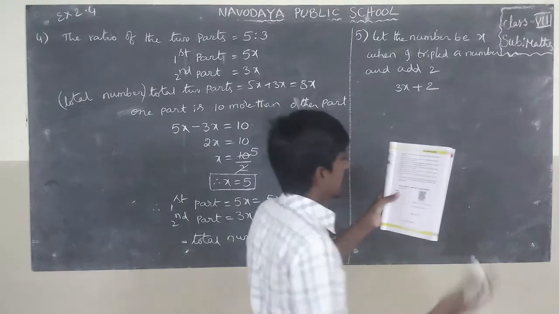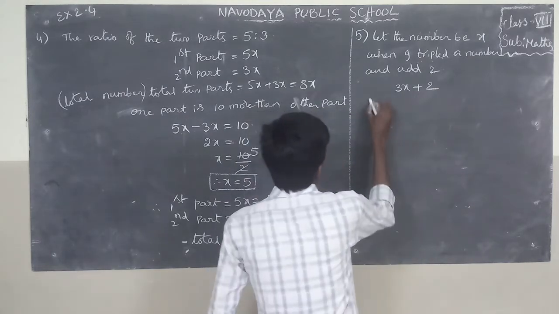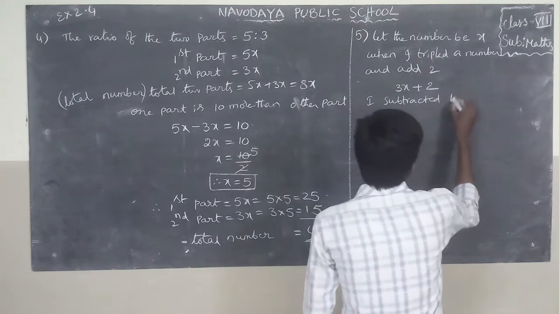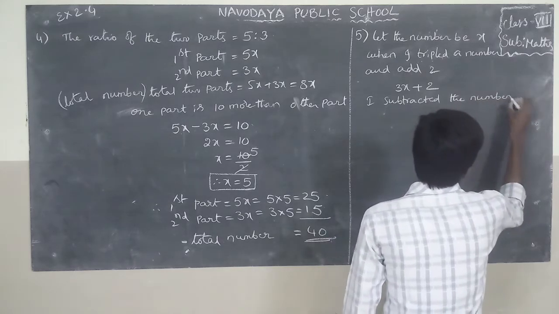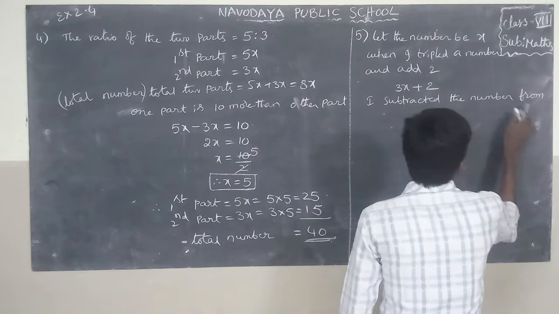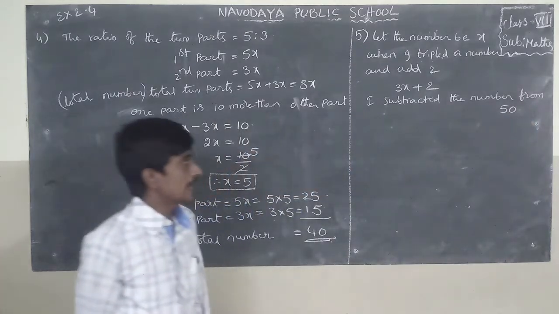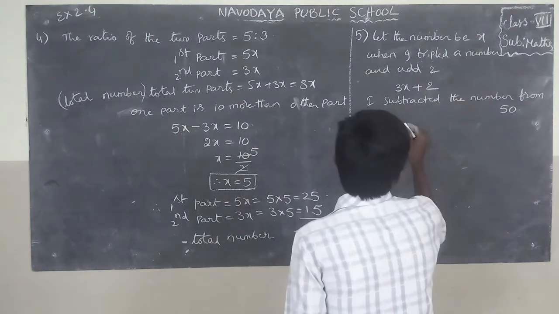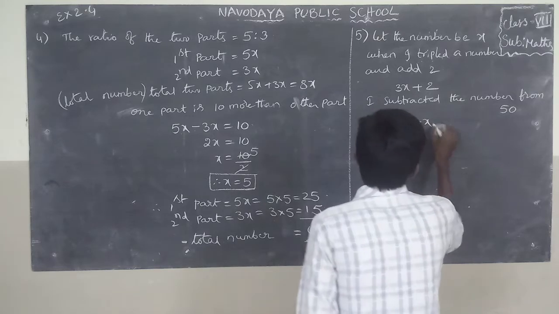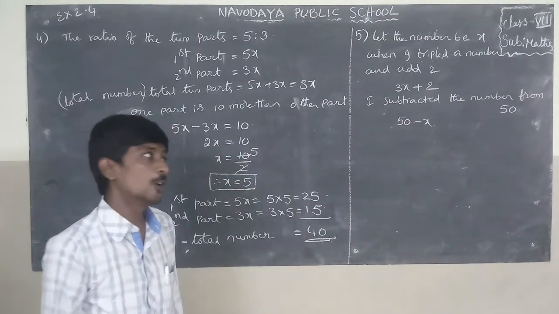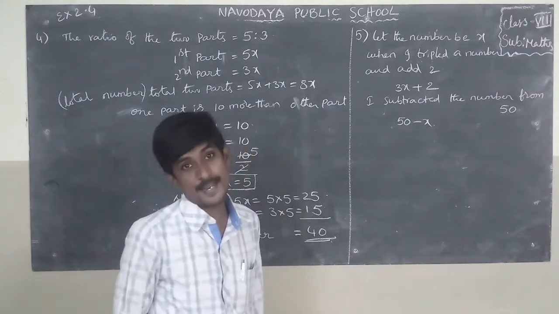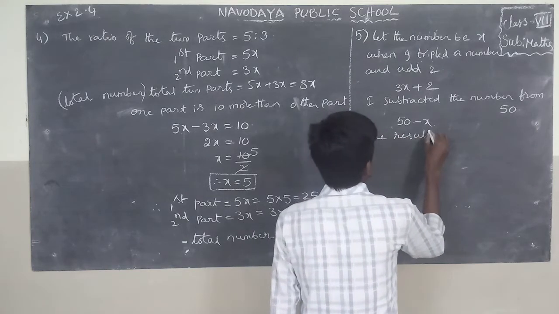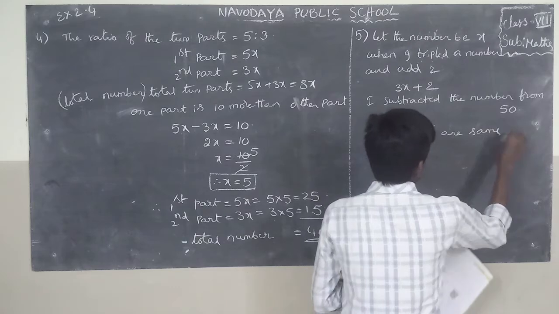The second condition is I subtract the number from 50, that is 50 minus x. These two answers are the same result.